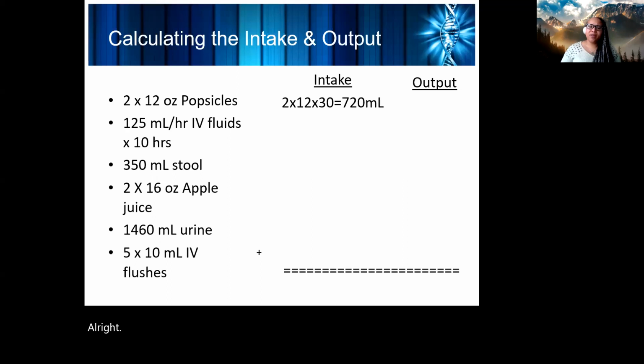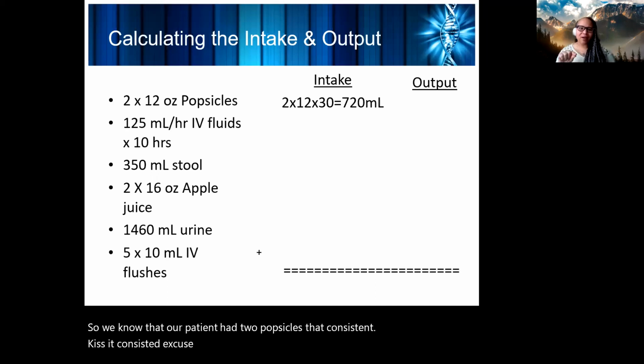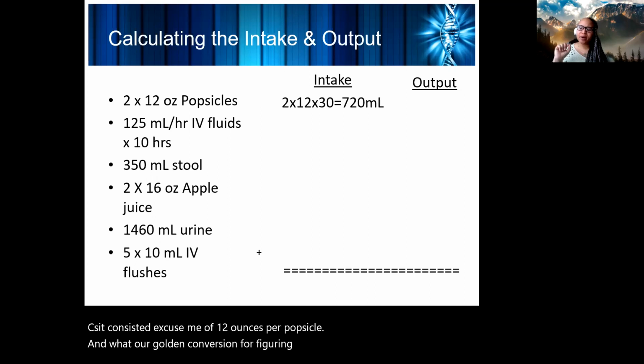So we know that our patient had 2 popsicles that consisted of 12 ounces per popsicle. And what's our golden conversion for figuring this out? What do we know? Type it in the chat.